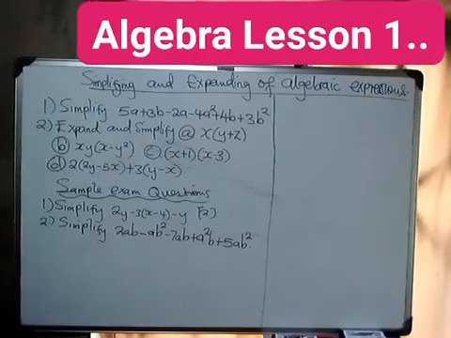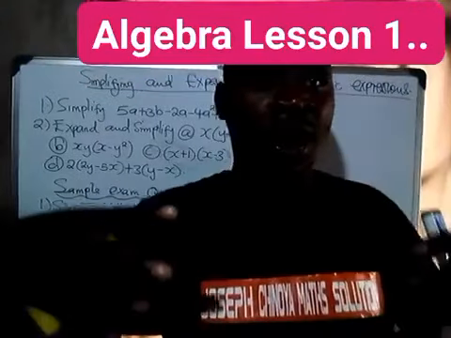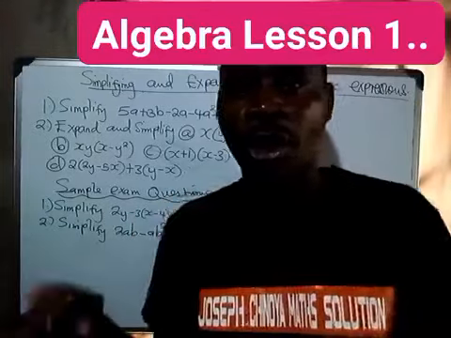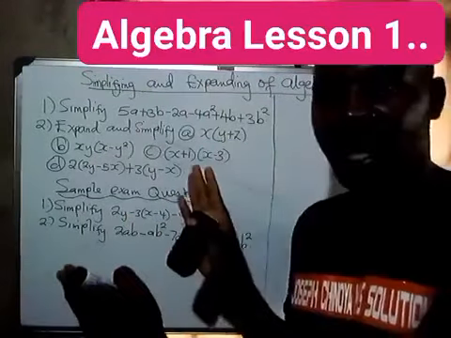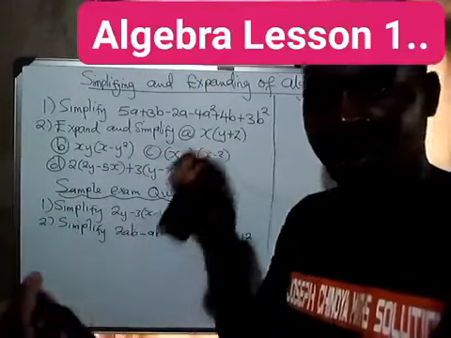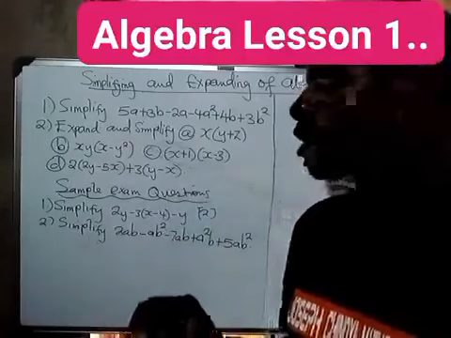Like terms you must add, and unlike terms are not to be added or subtracted. So in this case, we are going to identify the like terms and also unlike terms. The like terms we will add, the unlike ones won't be added or subtracted.